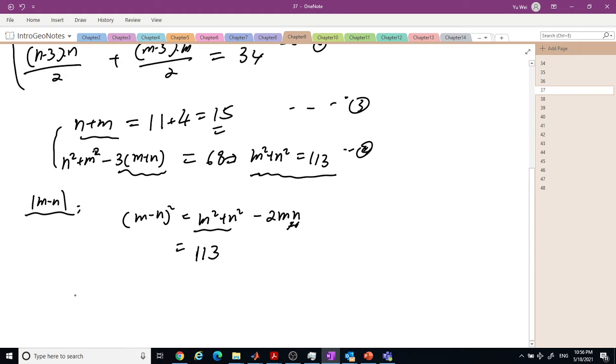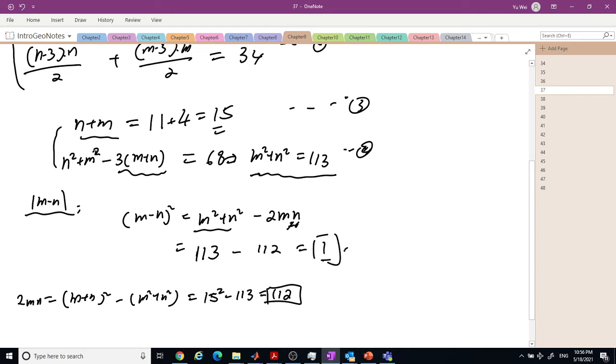Now let's solve it: (m plus n) square minus (m square plus n square) is 2mn, which is equal to 15 square minus 113. So this tells us 2mn is 112.